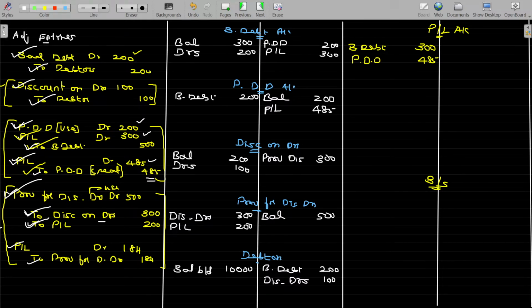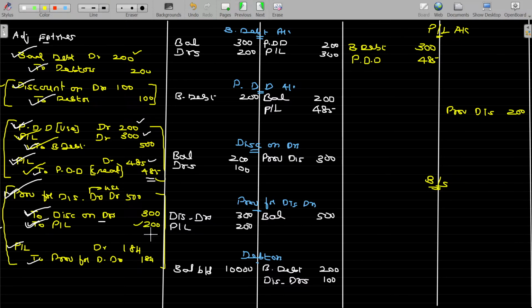In P&L account, by provision for discount on debtors, the value being 200 rupees.